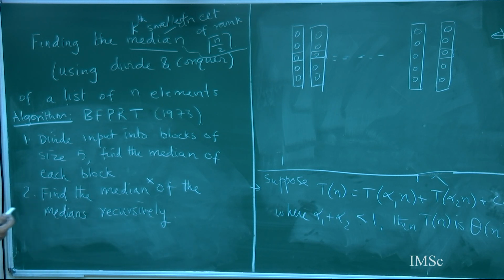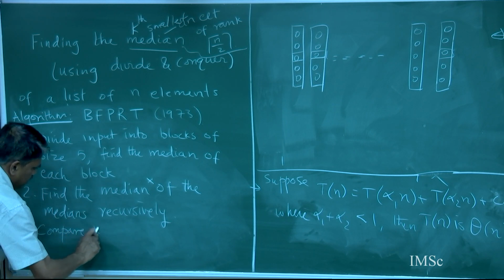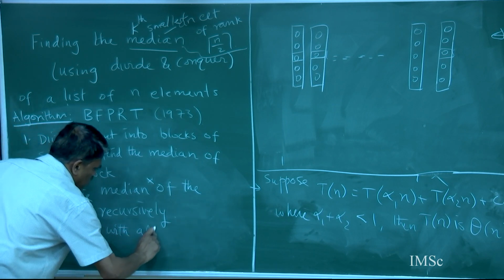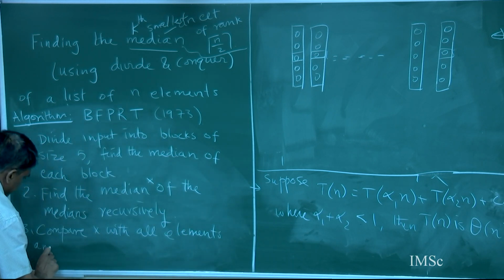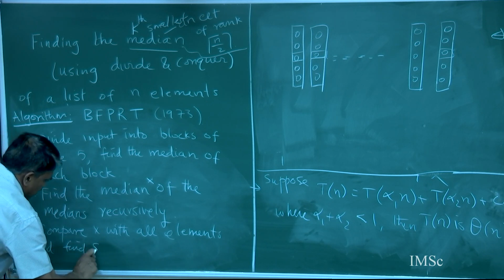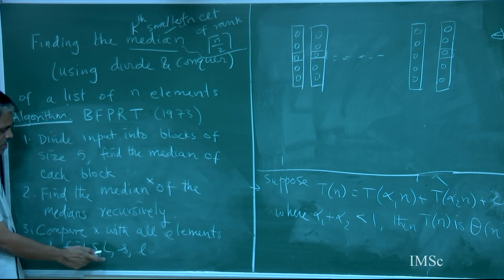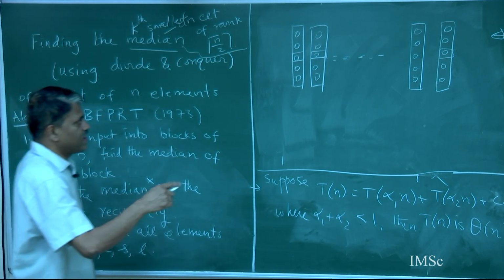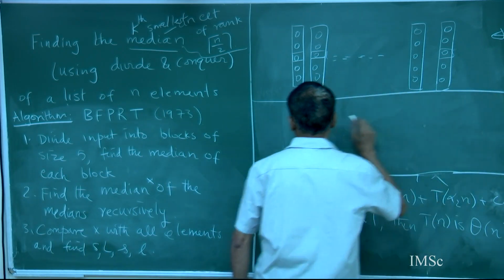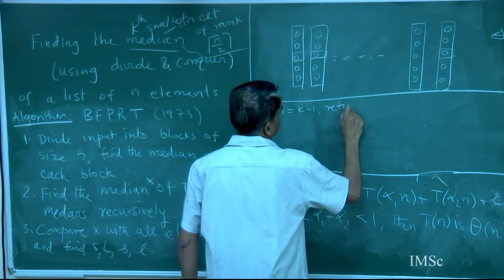Okay, and after that, it's the same old thing. Compare x with all elements and find S, L, little s, little l: all elements smaller than x, larger than x, and their sizes. If the rank of x is equal to k, return x.